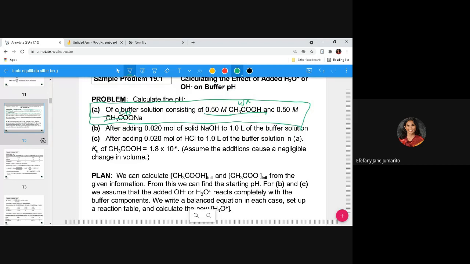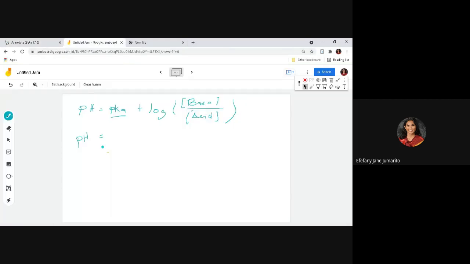Ka is not given, but Ka is equal to 1.8 times 10 to the negative 5. That's Ka for acetic acid. So pKa is equal to negative log of Ka, is equal to negative log of 1.8 times 10 to the negative 5.